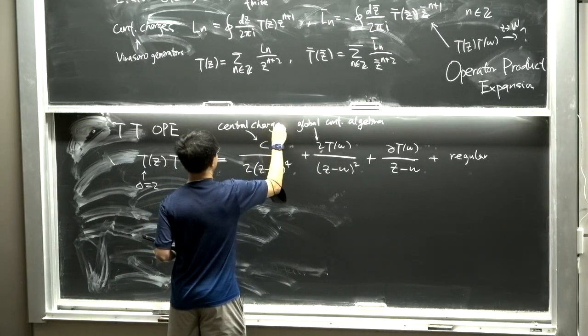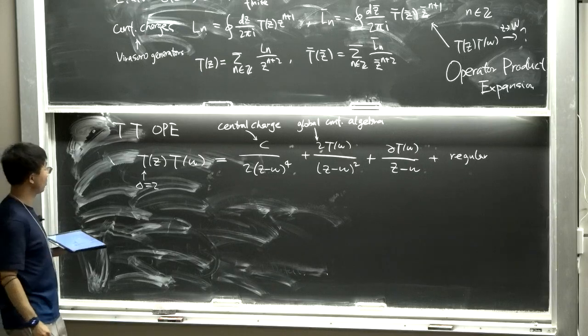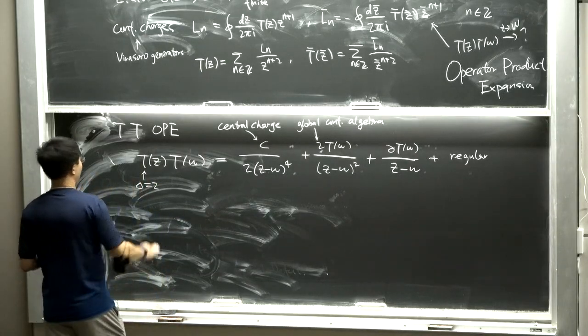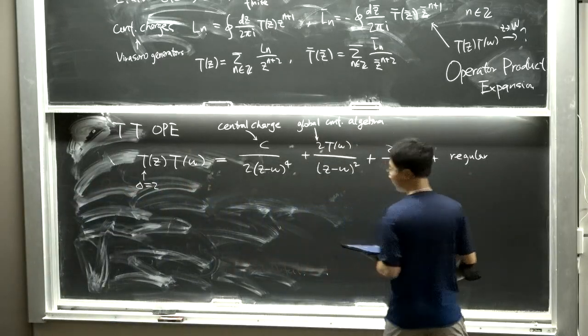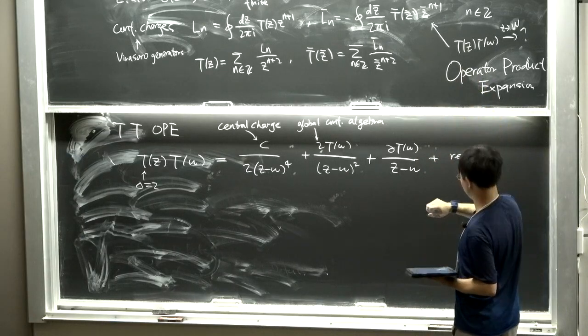It's one piece of important information about 2D CFTs, and there are generalizations of this notion in higher dimensions. So after knowing the OPE between the stress tensors, you can then go back to the form.